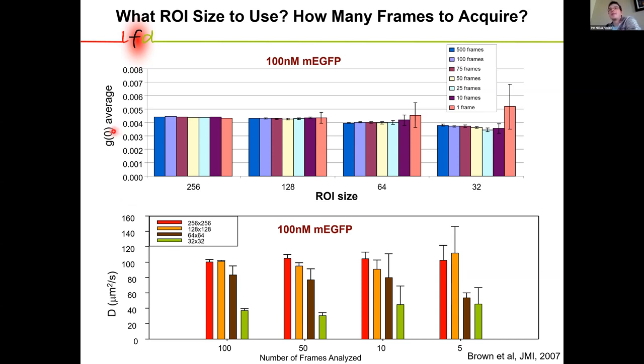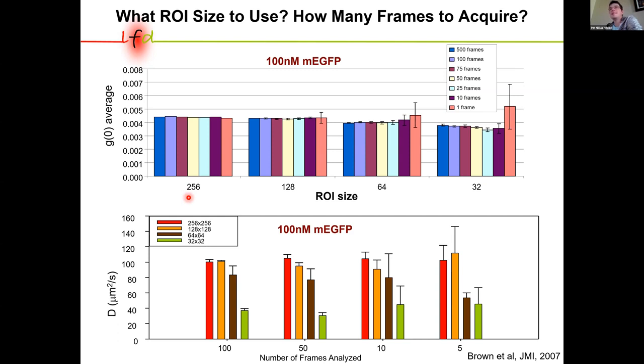The top row is for the correlation amplitude and the bottom row is for the diffusion coefficient. So let's look at the correlation amplitude first. We see the bars on the leftmost, which says 256.